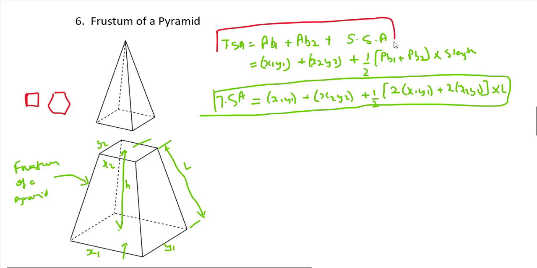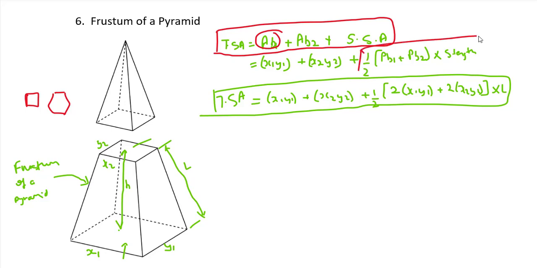So if you remember this formula, and if you know how to find the area of base and perimeter of the base, you can easily arrive at your answer for total surface area.